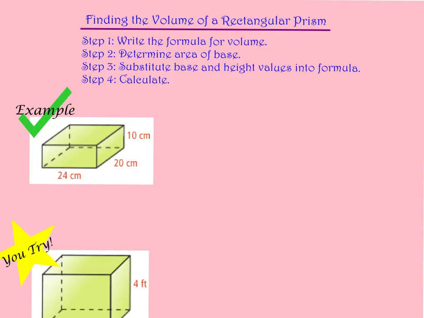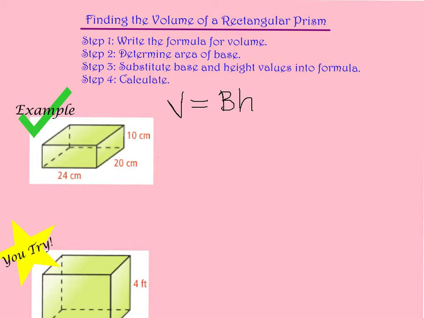Alright, so let's try some problems now. So finding the volume of a rectangular prism. Step 1, we're just going to write the formula for volume. So volume is equal to area of the base times the height of the prism.